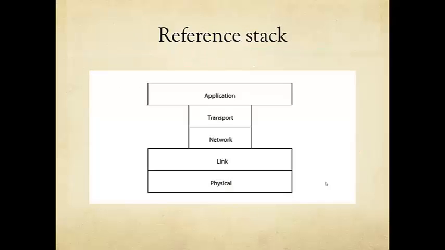And this is the most standard picture for what's called a reference protocol stack. It's called a stack because, I don't know who started this, we draw pictures in a vertical stack of modules. Each block in the stack is a functional module.